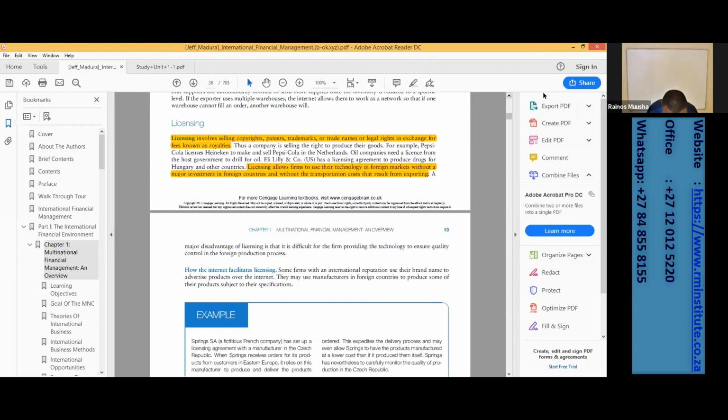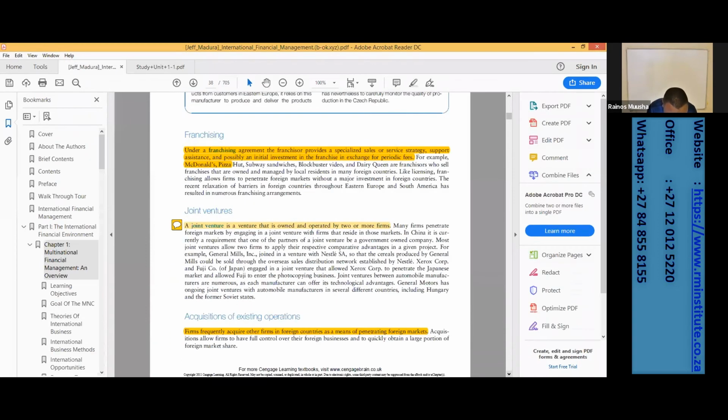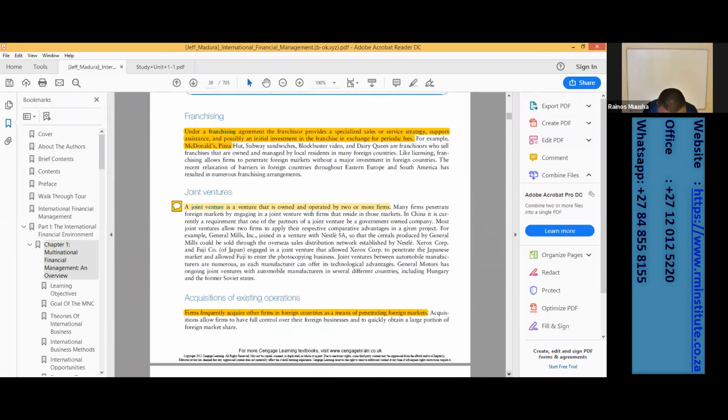Then the next one is franchising. And with franchising, they say under a franchising agreement, the franchisor provides a specialized sales or service strategy, support assistance, and possibly an initial investment in the franchise in exchange for periodic fees.